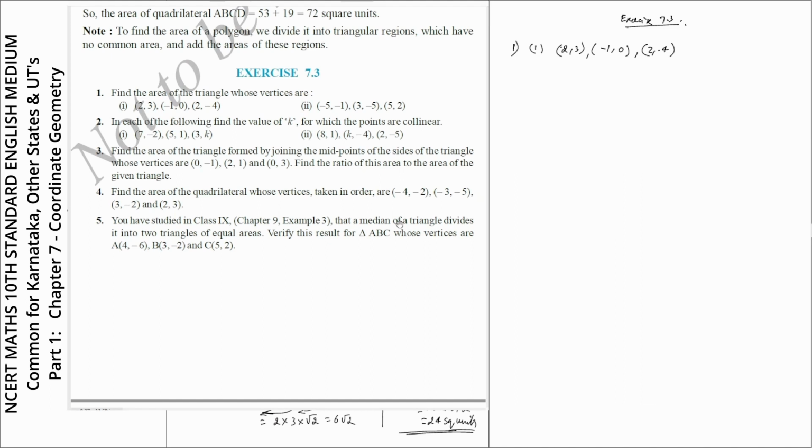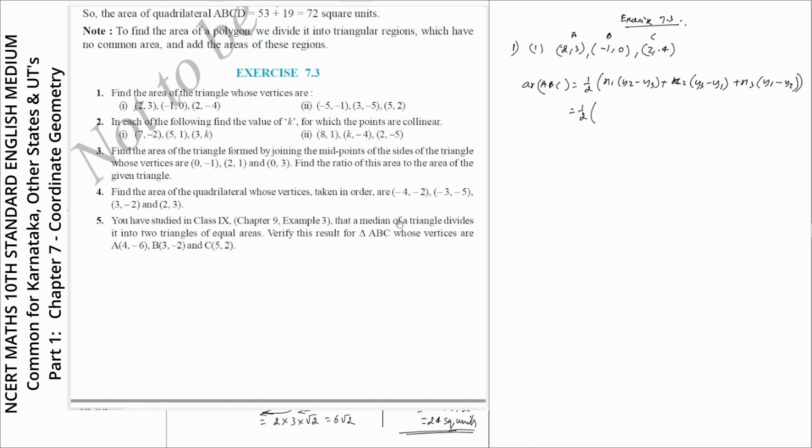So I'll take these points as A, B, C. So now the area of triangle ABC is given by half into, write the formula first, x1 into (y2 minus y3) plus x2 into (y3 minus y1) plus x3 into (y1 minus y2). This is the formula for the area. Now substitute all the values.